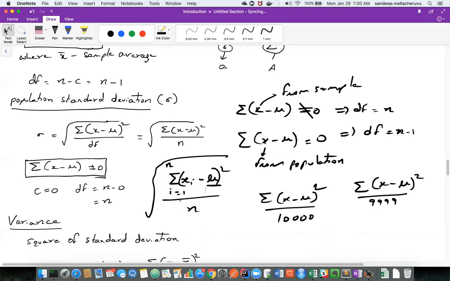It is an average deviation from the center. But unfortunately, if I don't take this square, everything is becoming 0. That's why I'm taking the square. Now to offset the square, I am taking a square root of that average squared deviation, which means it is an average deviation from the center. That's it.